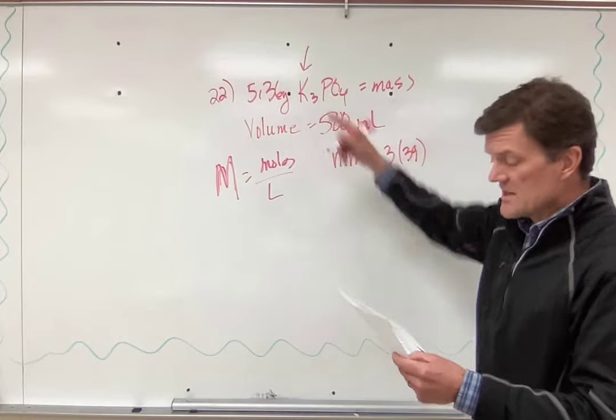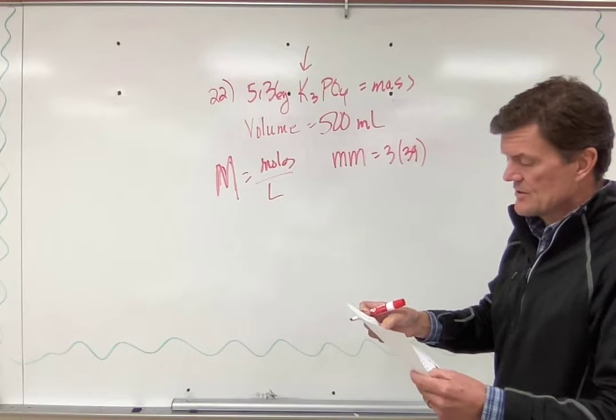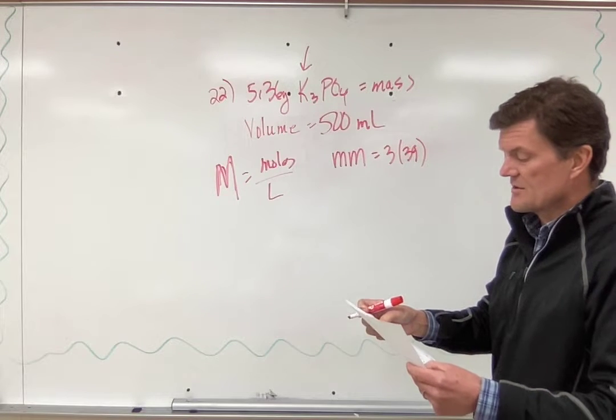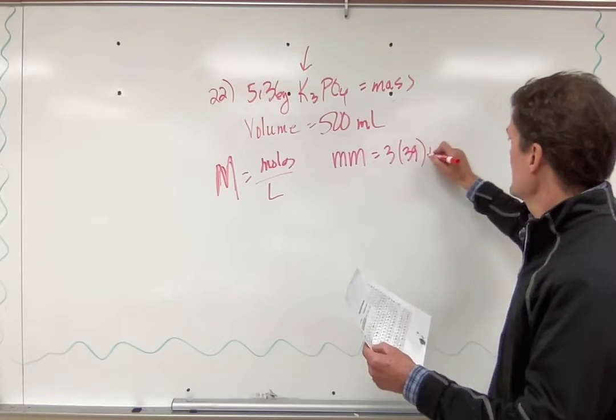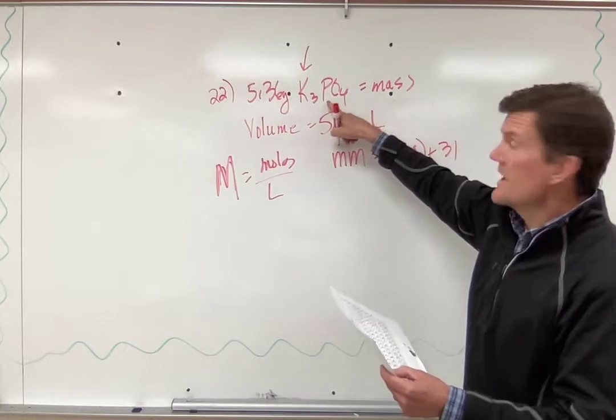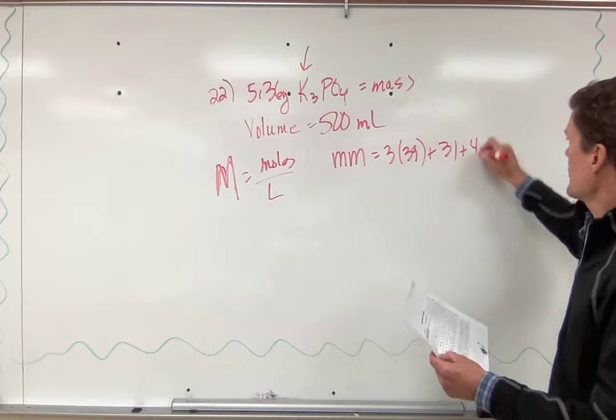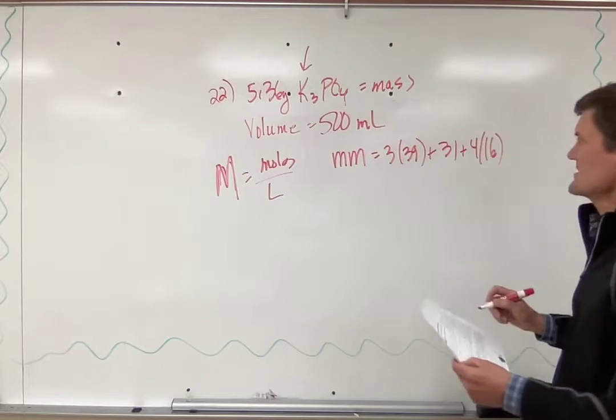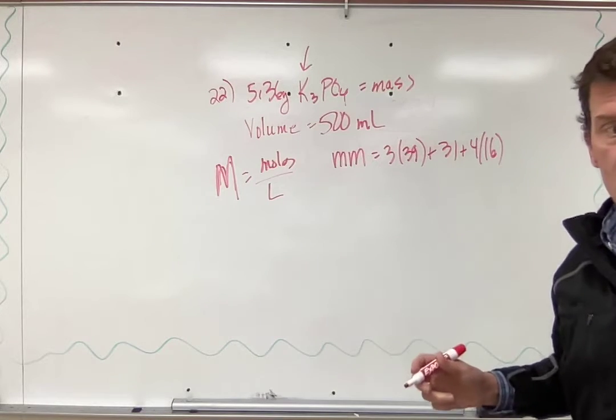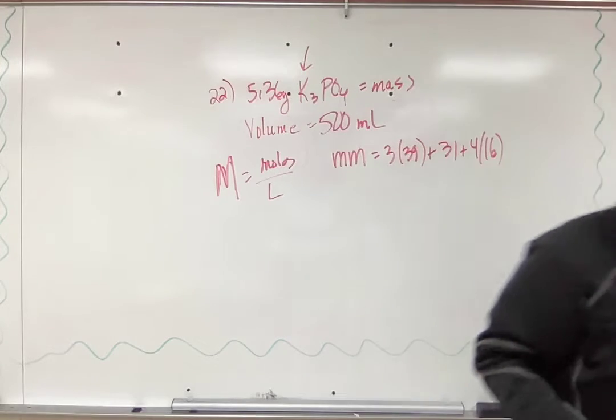I've got a P, that's phosphorus, so that is 30.9. It's actually 30.97, so we'll go 31. I just have 1 of those. And then I have 4 oxygens, plus 4 times 16 is oxygen. When you do all of that, you find the molar mass of that compound.